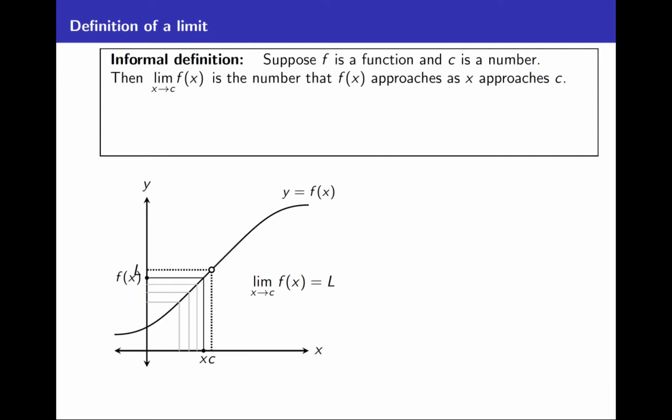X is approaching c, and f of x is approaching L. It happens from the other side as well. As x approaches c, you'll see f of x approaching L. So this number L is the limit as x approaches c of f of x. It's the number that f of x approaches as x approaches c.